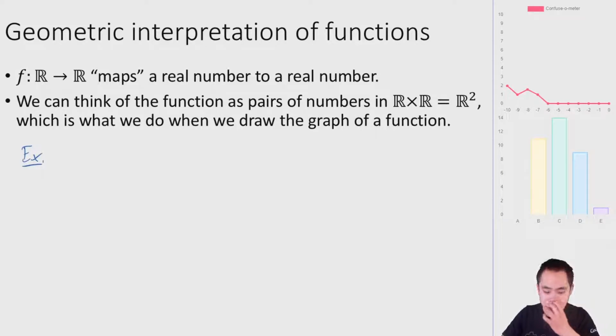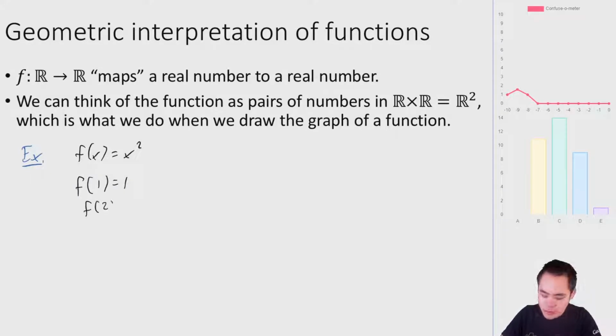So if you had a function f of x is equal to x squared, well, you might have a bunch of points. F of 1 is equal to 1, f of 2 is equal to 4, f of 3 is equal to 9, etc. So you can think of this as a map from 1 to 1, or from 2 to 4, or from 3 to 9.